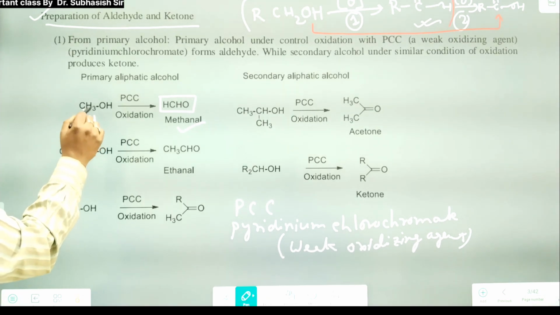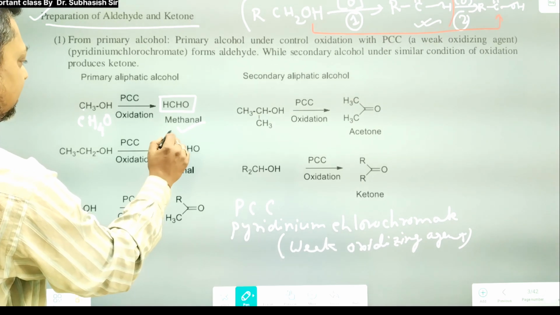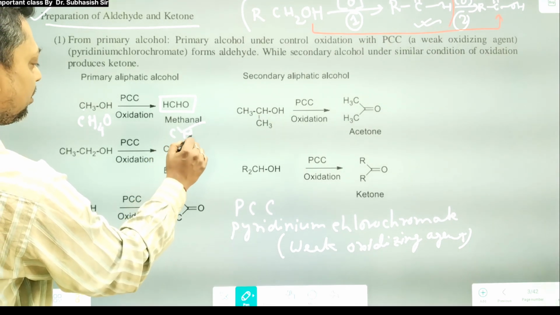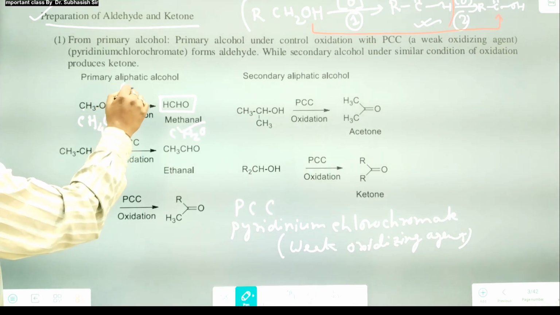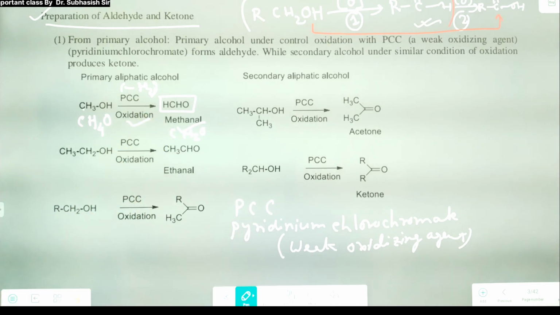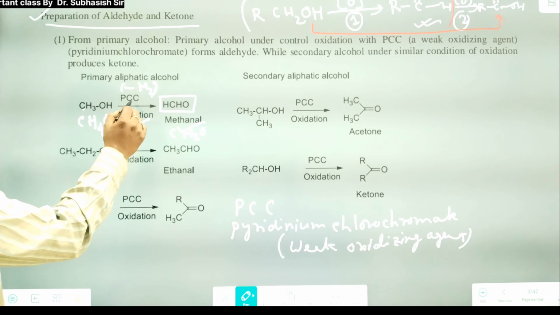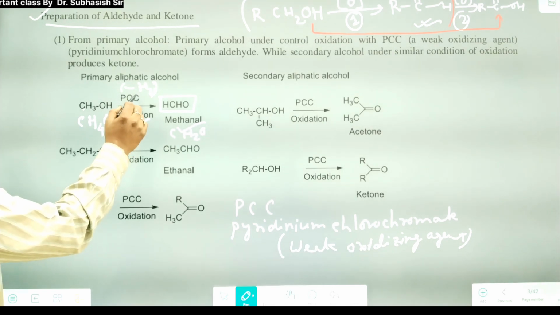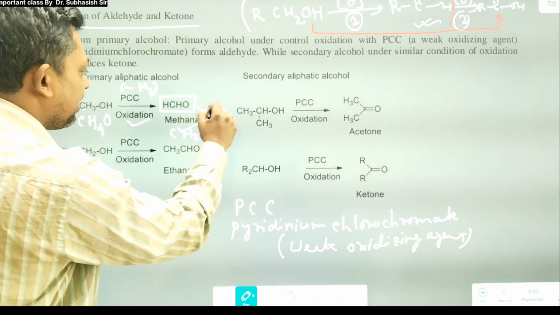How many hydrogens? 4 hydrogens and oxygen. Now here, 1 carbon, 2 hydrogens and 1 oxygen. That means removal of hydrogen is occurring, so we call it oxidation. So methanol, when it is oxidized with pyridinium chlorochromate, which is a weak oxidizing agent, we can stop the reaction at aldehyde.